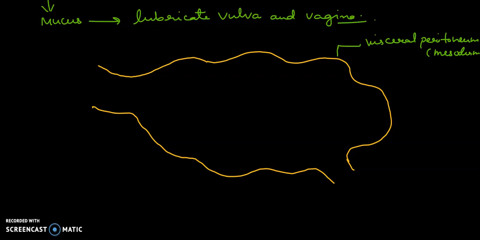Followed by this visceral peritoneum, there is another epithelial lining called the germinal epithelium.